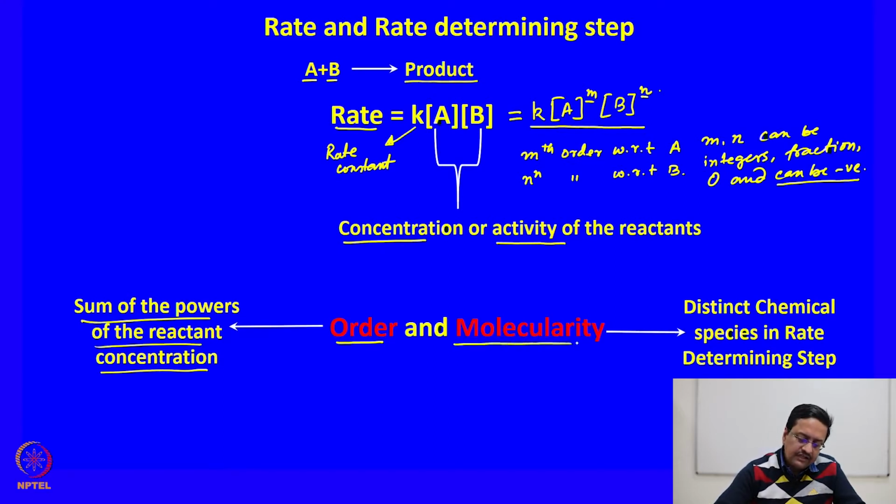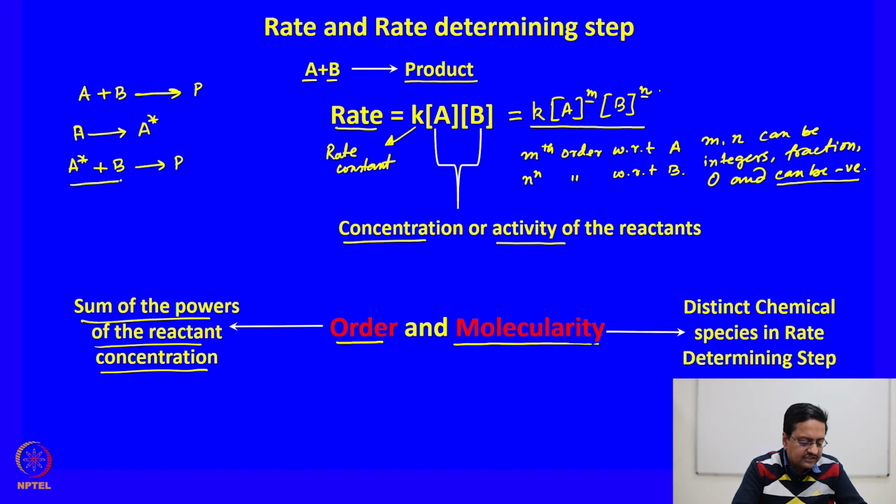The molecularity of a reaction is the number of molecules that are interacting in the rate determining step. So, suppose a particular chemical reaction, A plus B to P, happens through several steps where A is energized to A star, then this A star collides with B to form the product, and this reaction may be the slowest step. This is a step where two molecules are involved.